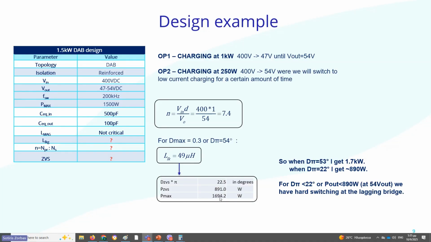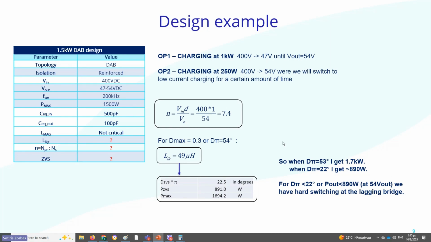And the maximum that we can deliver is above 1.5 kilowatts, so we're good. And this is what I say here, from 22 to 53, these are our two operating points. OP1 is going to play at something below 53, and OP2 is going to play around 22 degrees, still having ZVS for every MOSFET in this case.